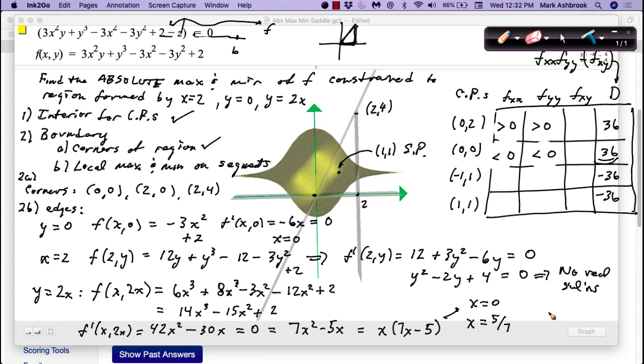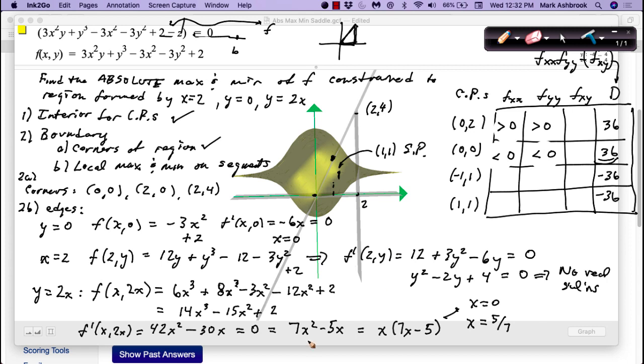So somewhere along here, there's something happening. 5/7 is... this was 1, so 5/7, 10/7. So there's this point right here. How do we determine what's happening at 5/7? Second derivative, right. The second derivative can tell us.